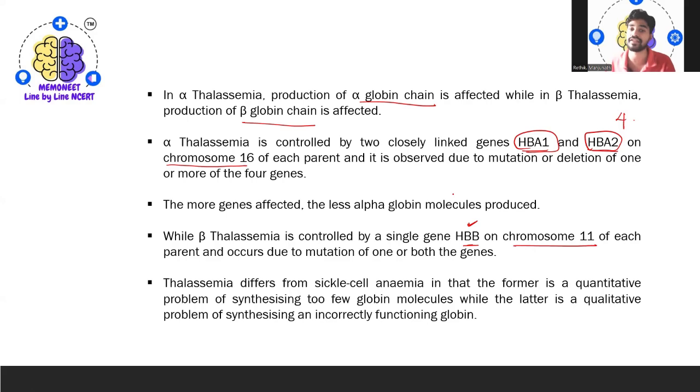That means if a person is affected by beta thalassemia, to start with very few globin molecules will be synthesized, but later the problem is that it starts synthesizing an incorrectly functioning globin.